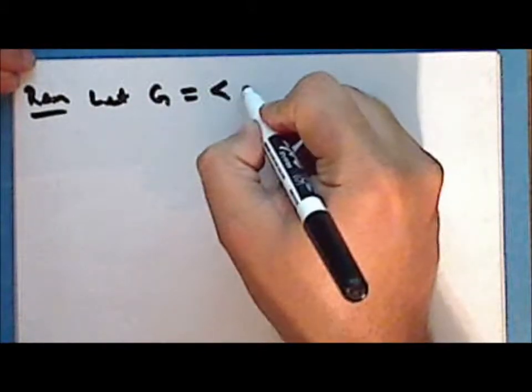So, let G be a cyclic group generated by the element a.